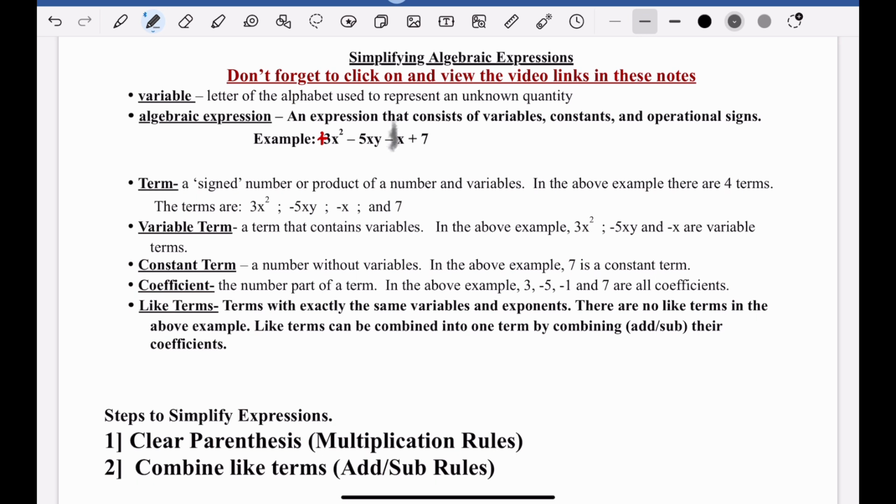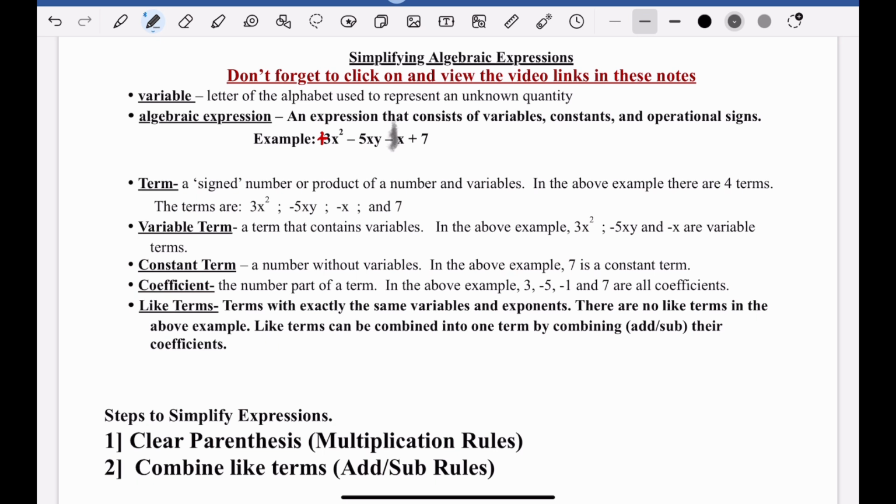And remember, anytime there's a sign, there's a number connected to that sign. And the number that's there, if you don't see it, is a 1. So this is a negative 1. That makes the coefficient of our third term negative 1. Our third term is negative 1x. Our coefficient of that term is negative 1. And then last we have the positive 7, which we would call our constant term.